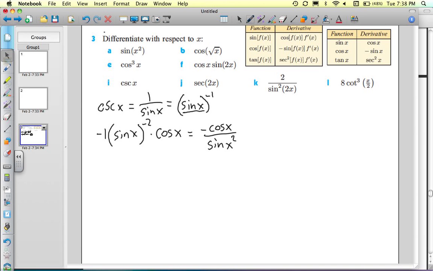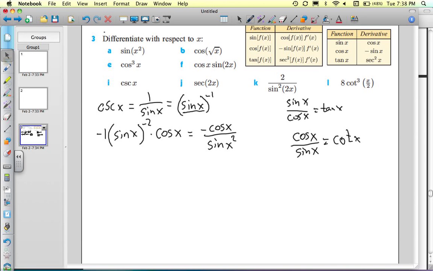So we have negative cosine x over sine x squared. Still doesn't quite look like the back of the book, so I'm going to remind you of something. Sine x over cosine x is equal to tangent of x. Also, cosine x over sine x is equal to cotangent of x.